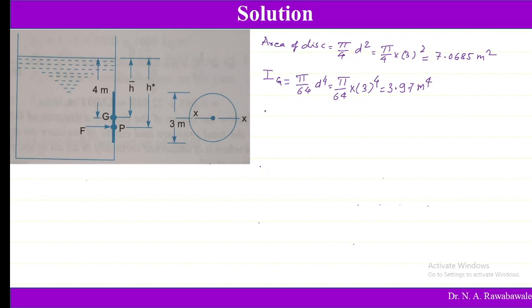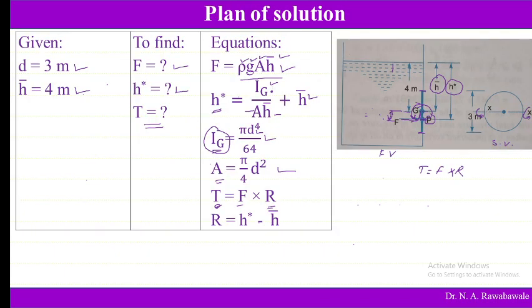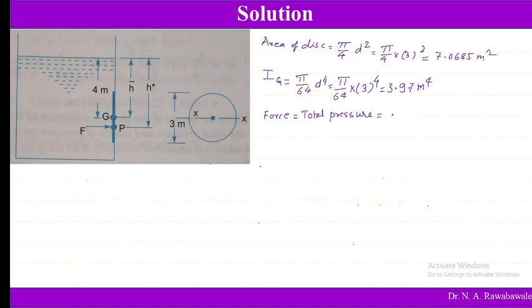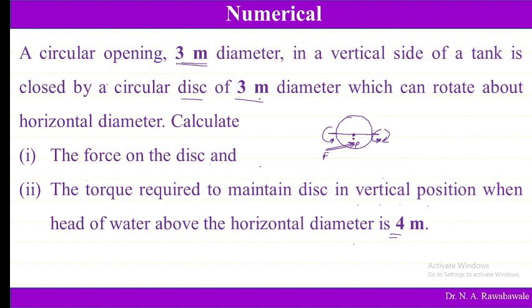Now force, that is known as total pressure, is equal to, the formula is here, rho g A h bar. Rho is nothing but 1000, because this tank contains water.